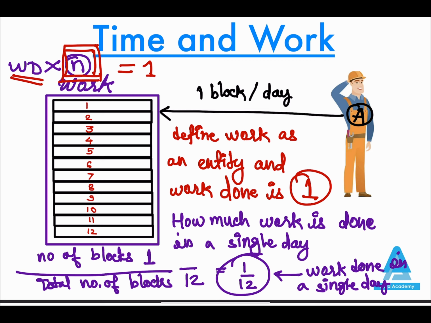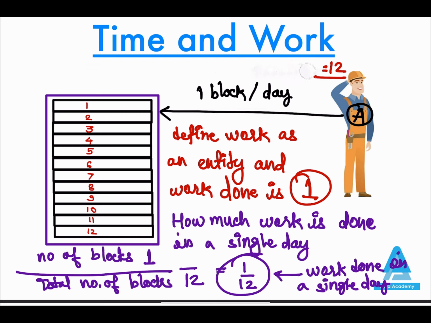In our case, work done in a single day was 1 by 12, and n we don't know, so 1 by 12 times n is equal to 1, which implies n is equal to 12. You can see that very easily you are able to find out the number of days required to complete that work.